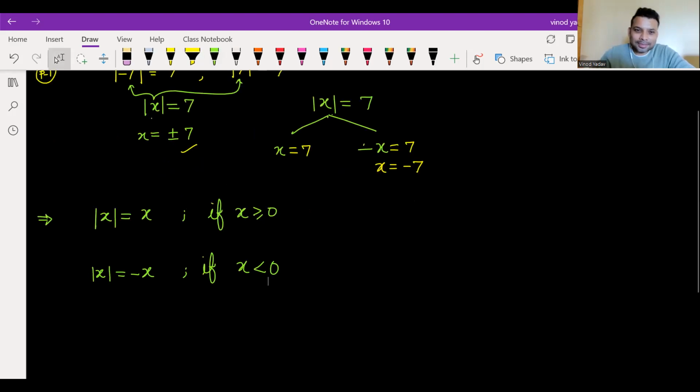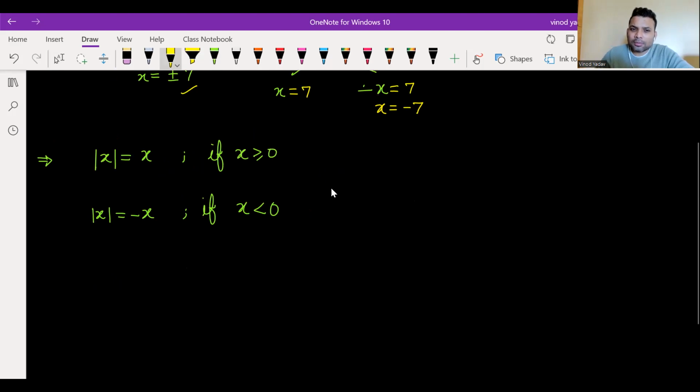Hold on, I know some of you might be thinking, how come outside mod I am able to see -x? Minus, why? Just look at this condition. Here x specifically is a negative number, and there is a minus sign outside x. So don't you feel negative of negative, the ultimate outcome, is positive? So actually this is a mechanism behind the scenes so that the outcome shown is positive.